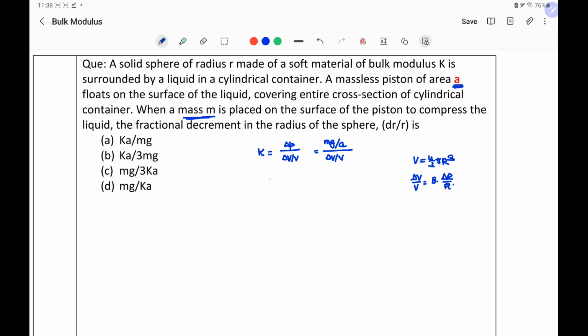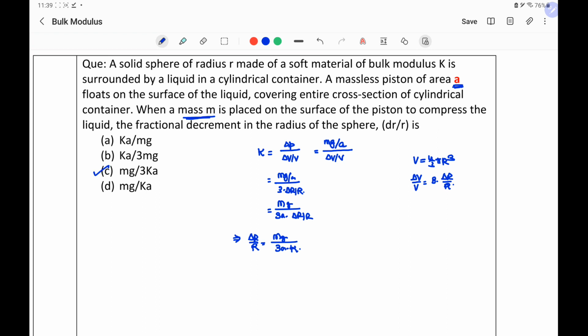So we can write k is equal to mg by A divided by 3 into delta R by R. Because we have to find the fractional decrement in the radius of the sphere, this implies that delta R by R is equal to mg by 3A into k. So hence option C is the correct option.